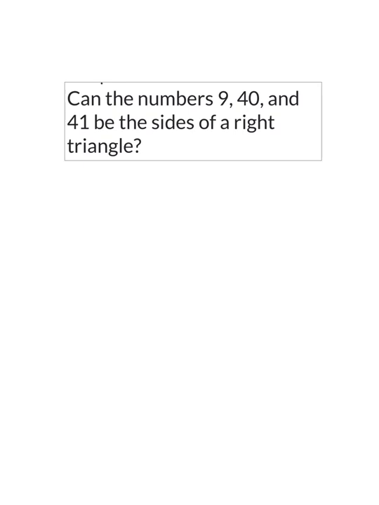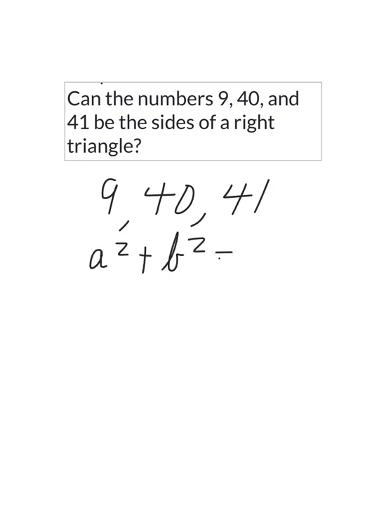So my three numbers are 9, 40, and 41. I'm going to put them into the equation a squared plus b squared equals c squared: 9 squared plus 40 squared equals 41 squared.